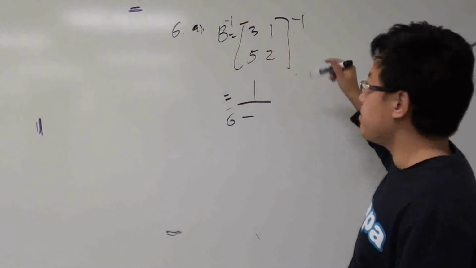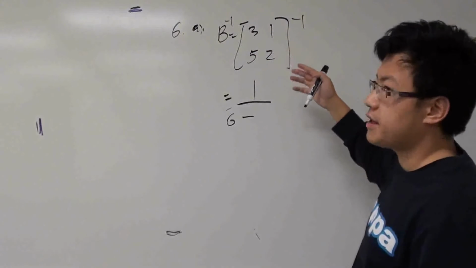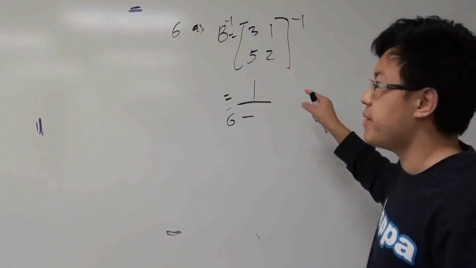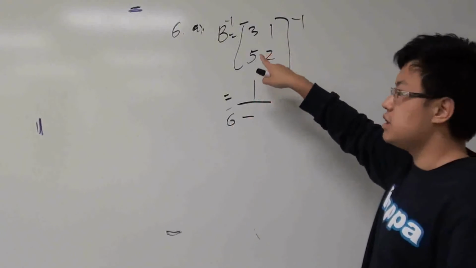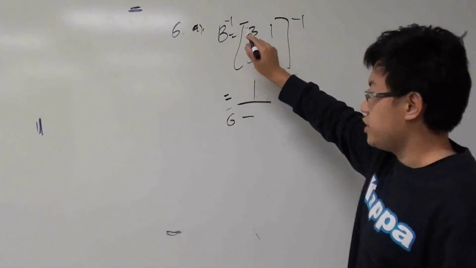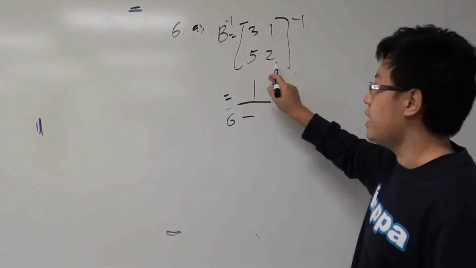Don't do the inverse by switching the A and D and putting negative signs first. Use the numbers and the positions from the original matrix that was given to you. So it's still A, B, C, D right here. I haven't done any flipping yet, right?